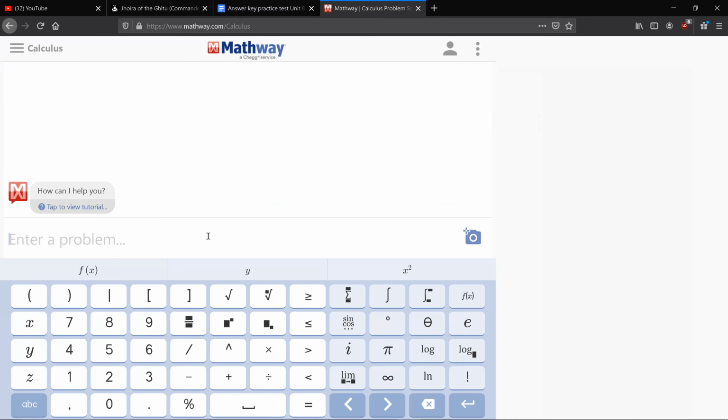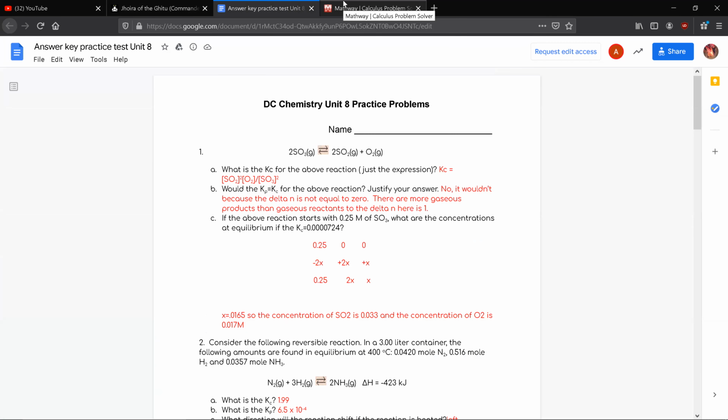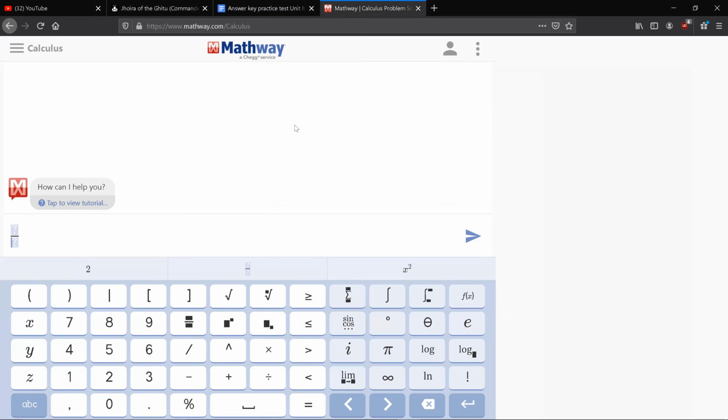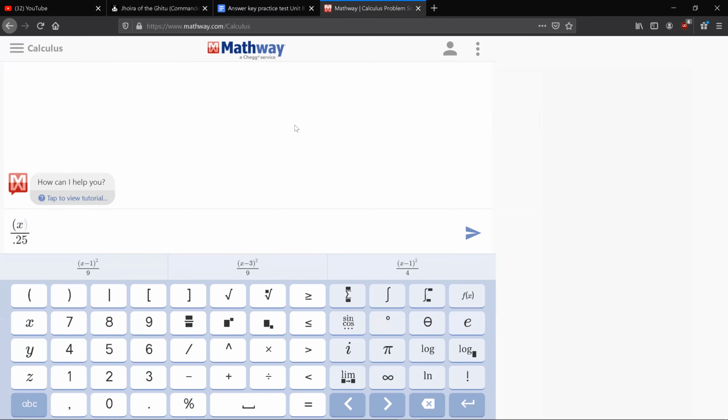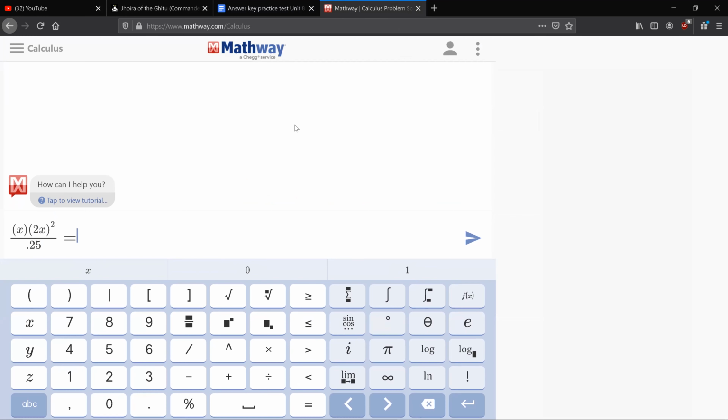But assuming that her version is correct, instead of doing 0.25 minus 2x, you would only put 0.25 on the bottom. On top, I would put x for oxygen, and then 2x squared for my SO2.